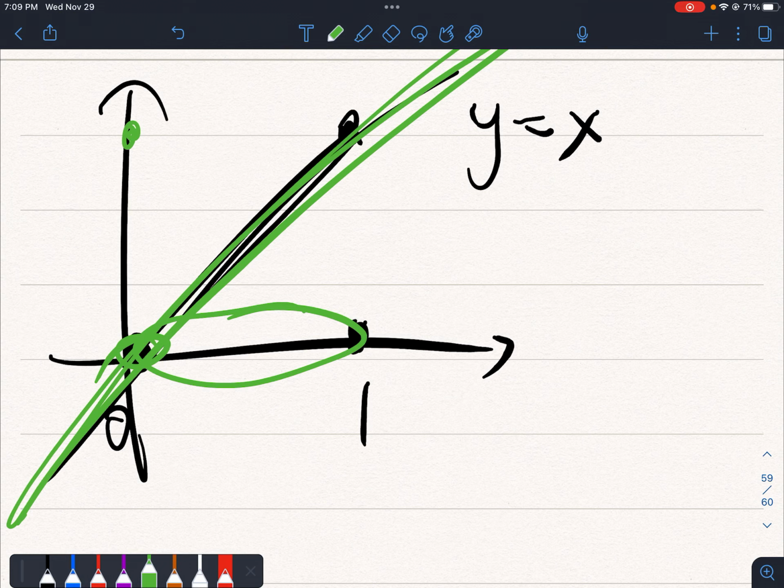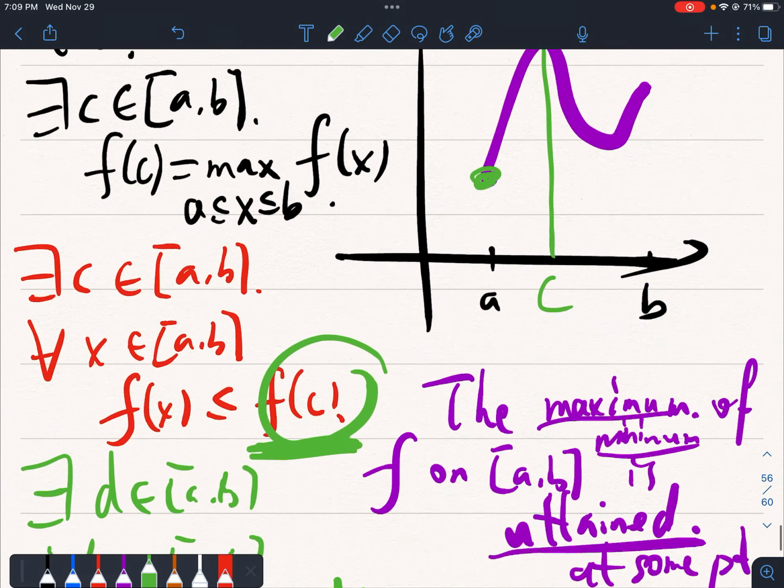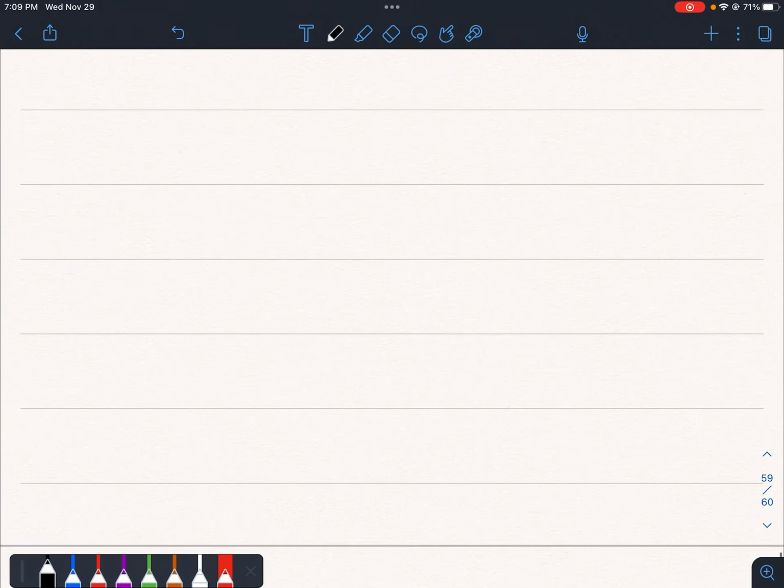So you have to be very, very careful whenever you say maximum or minimum, because you have to emphasize the maximum on some set, right? Or on some interval. Otherwise, it makes no sense. Or otherwise, this usually means the global max or the global min, or the max for all the values in the domain, right? The max on the domain or the minimum on the domain. Otherwise, you have to emphasize what's the set, okay? So in the case of the extreme value theorem, the set is always the closed interval itself.